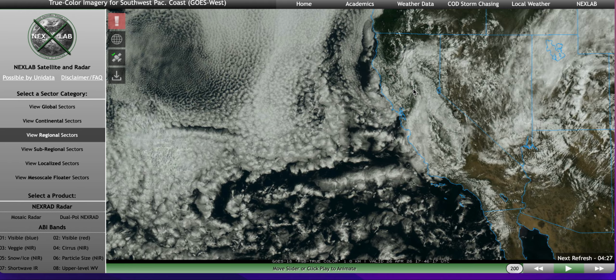It's really important to start out these things by looking at the satellite, being able to identify what these clouds are, why they're there. If you have a basic understanding of the current conditions, you're gonna be better able to understand any kind of computer model guidance you look at.